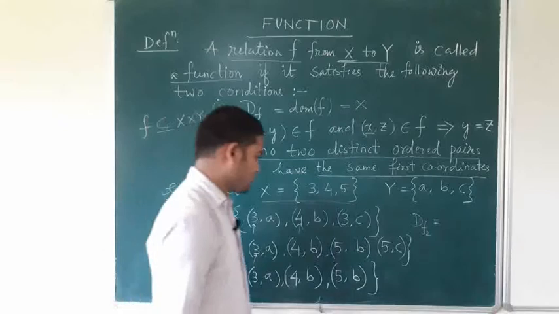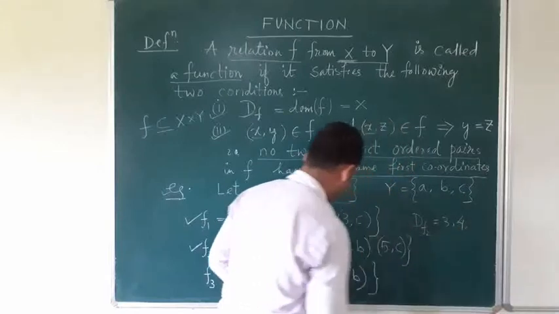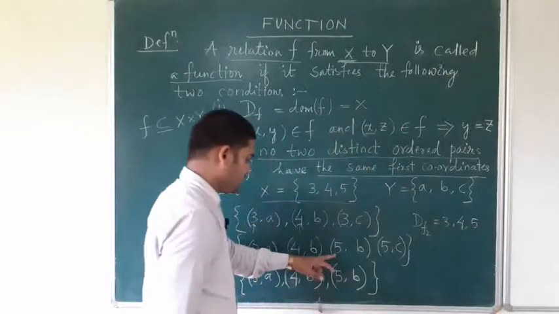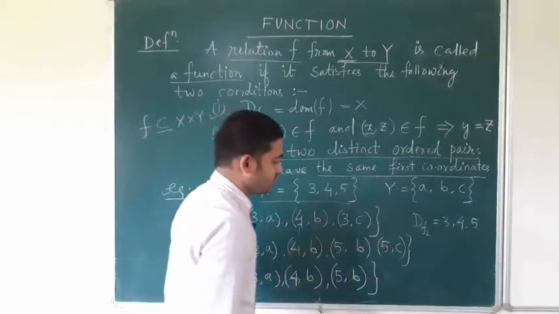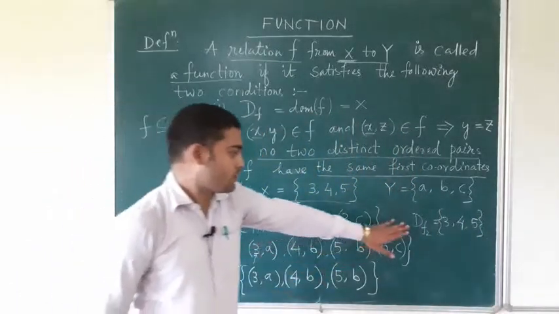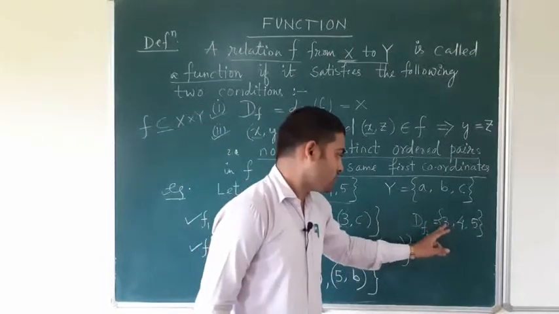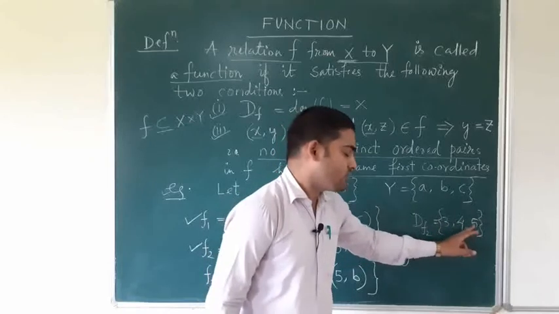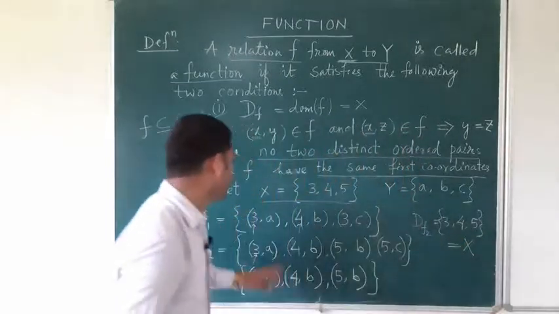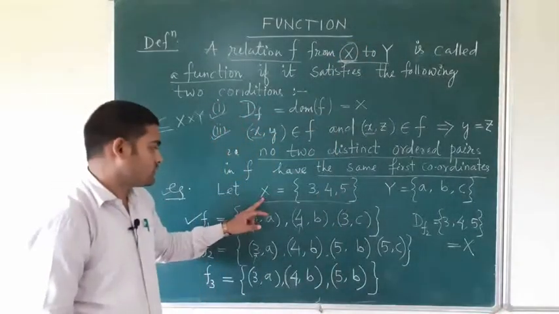So the first coordinates are 3, then 4, then here 5, then again 5. So no need to write again. So the domain of F2 contains 3, 4 and 5, which is equal to the set X, the first set, this X.